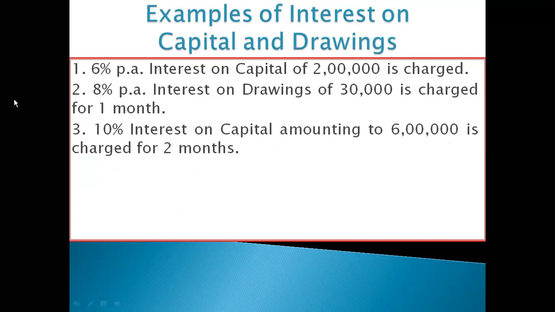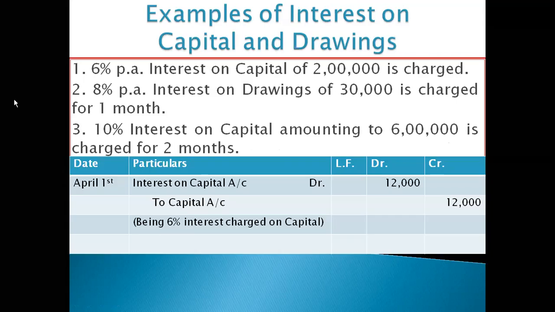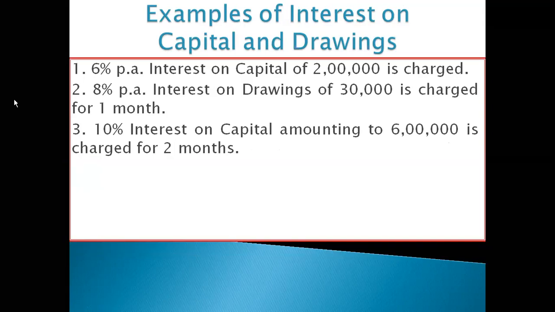The examples are 6% interest on capital of 2 lakh is charged. So here interest on capital account debit to capital account. The amount would be 12,000 as the 6% of 2 lakh. The next entry is 8% interest on drawings of 30,000 is charged for 1 month.